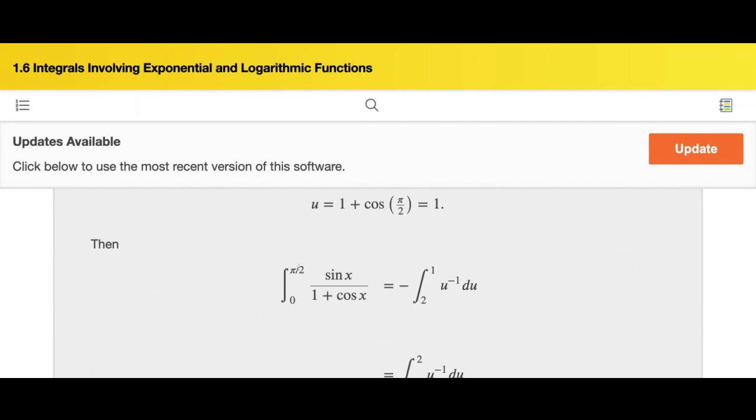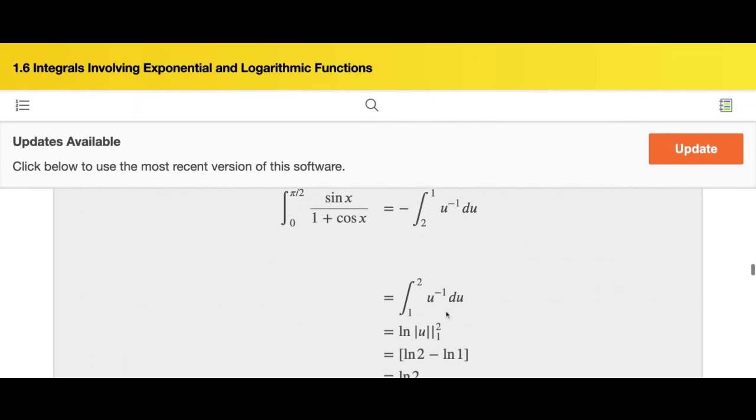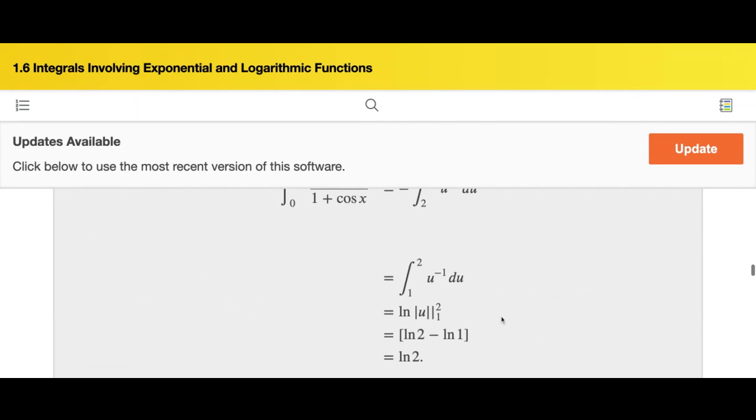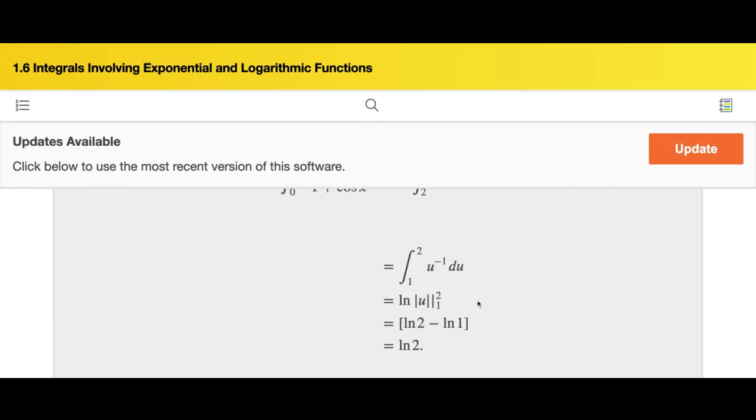So we substitute the lower limit and upper limit. 0 now changes to u of 0, which is 2, and pi over 2 now needs to be u of pi over 2, which is 1. And the integrand becomes negative u raised to negative 1. Now 1 over u, we can anti-differentiate, right?